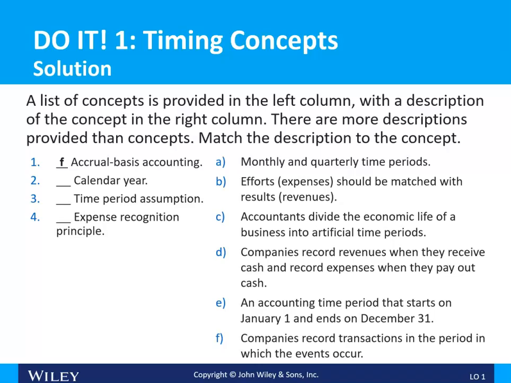A calendar year: E. An accounting time period that starts January 1st and ends December 31st. Time period assumption: that is C. Accountants divide the economic life of a business into artificial time periods. And the expense recognition principle states that expenses should be matched with the results, revenues, so B.